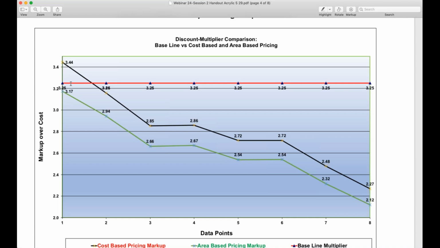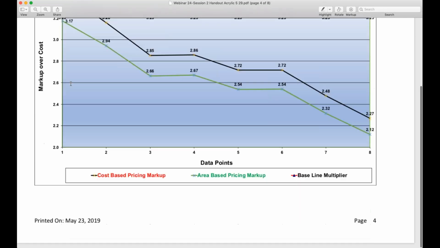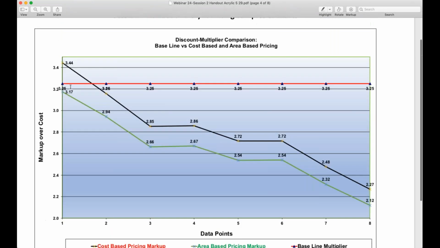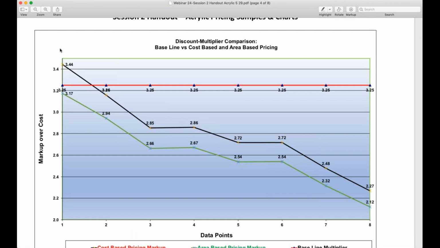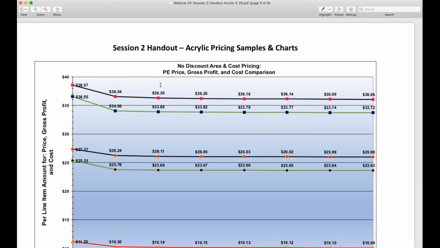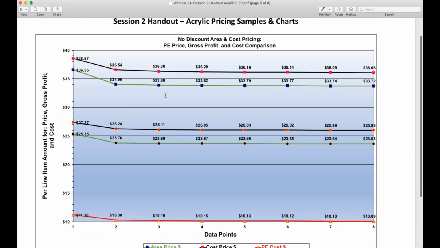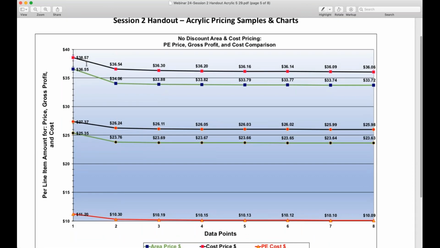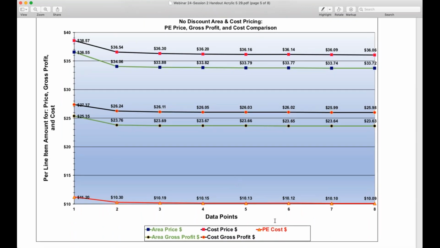So the next two slides are the pairs related to this. This is the no discounting, where we're looking at the per each price. So the red is the cost, the per piece cost.